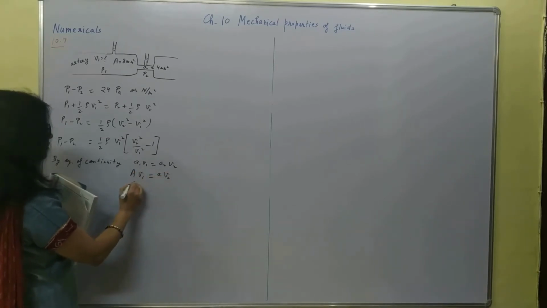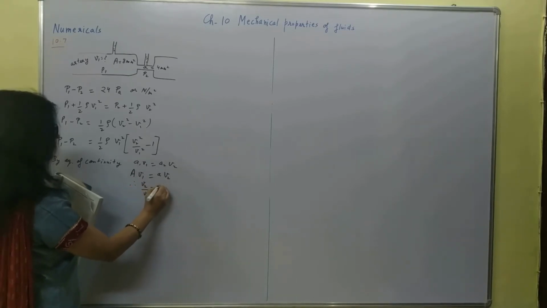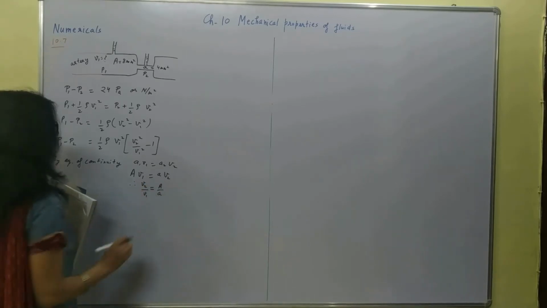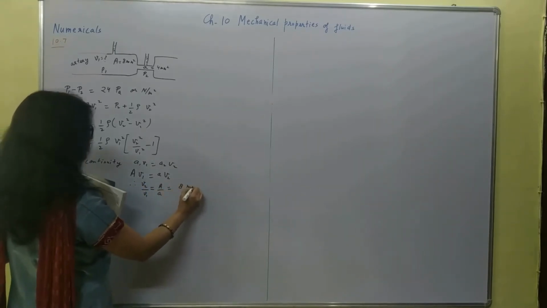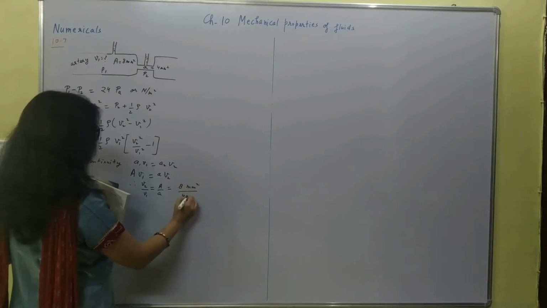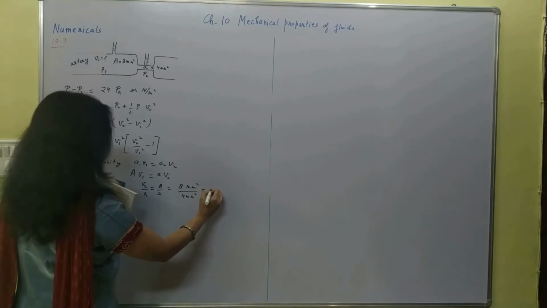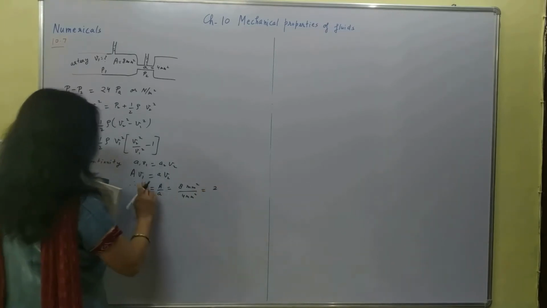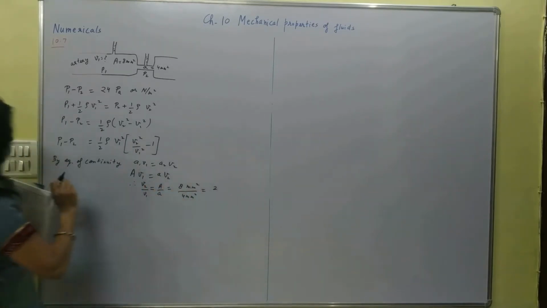So you can find out V2 upon V1 is equal to A upon a. That is 8 millimeter square upon 4 millimeter square in this case. So this will be 2. The ratio V2 upon V1 will be 2. The units will be cancelled.